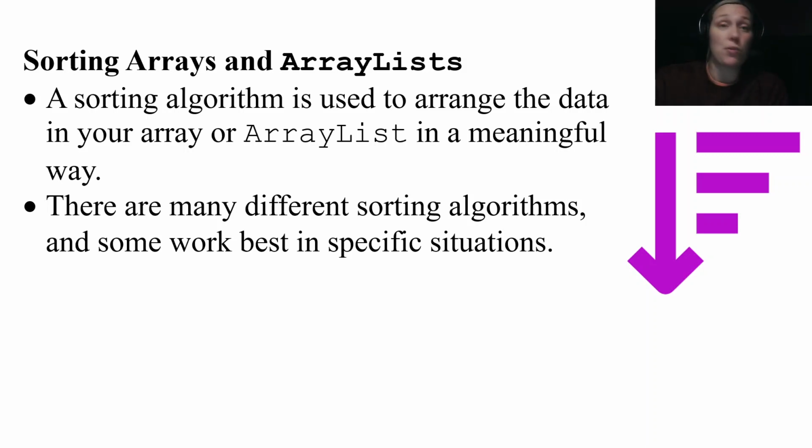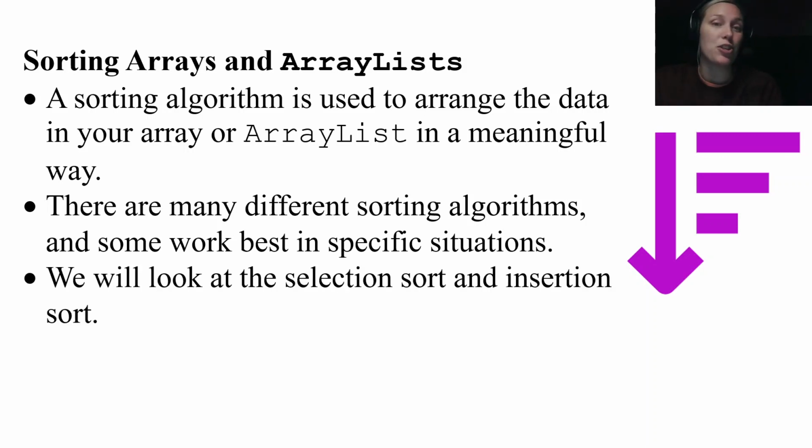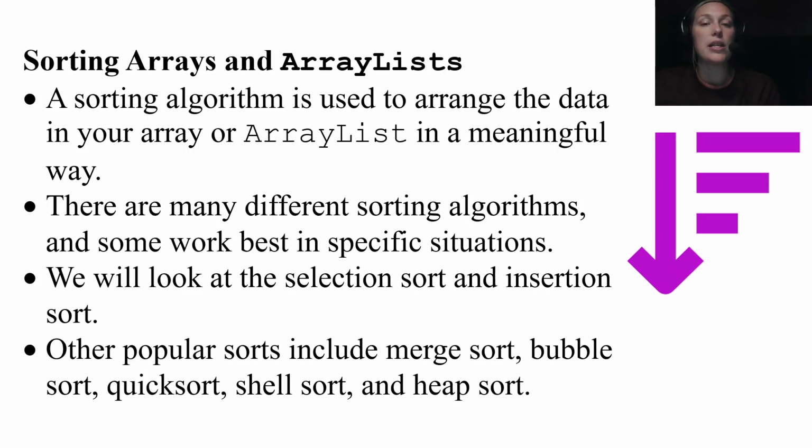There are many different sorting algorithms. We're going to talk about just one today, but they all have their pros and cons depending on what you're trying to do. We're going to look at the selection sort right now, and in the next lesson we're going to look at the insertion sort. Those are the two we're going to cover in this unit. Merge sort is a recursive sorting algorithm that we will talk about in Unit 10 when we talk about recursion.